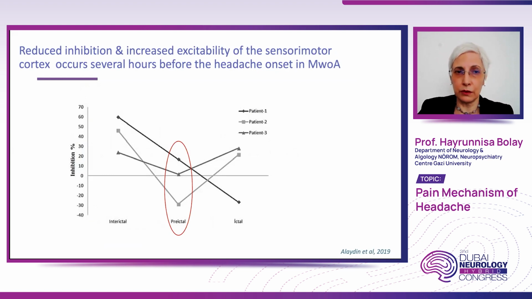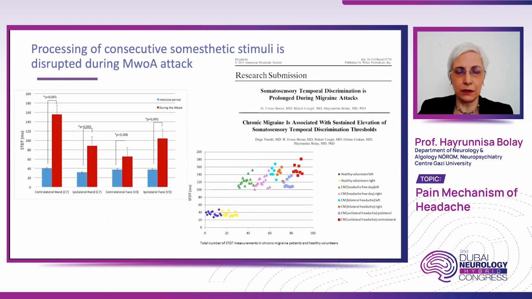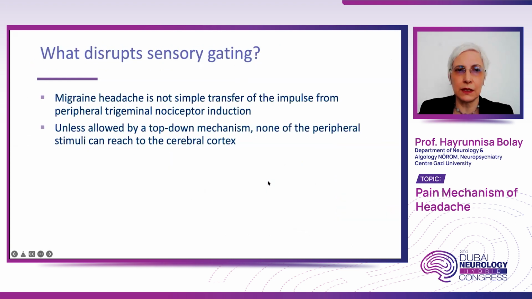This is in migraine without aura patients, not migraine with aura patients. And we also observed that differentiating consecutive somesthetic stimuli is disrupted and significantly prolonged during the attack in episodic migraine patients, or sustained this prolongation in chronic migraine patients.